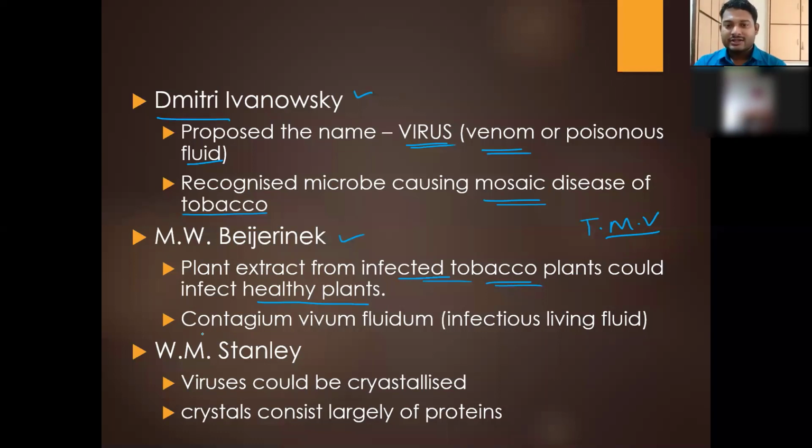That's why he suggested the term contagium vivum fluidum, that means infectious living fluid. Stanley, on the other hand, crystallized the entire virus, and found that the crystal is mostly formed of proteins.